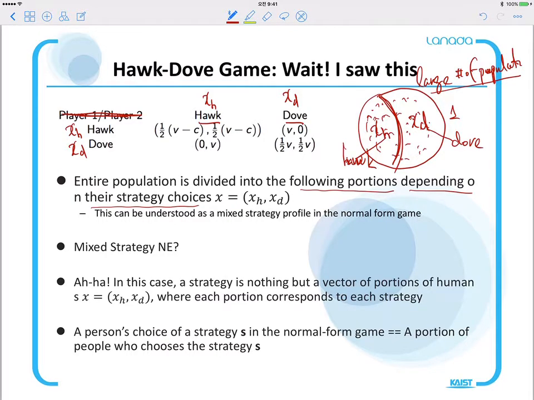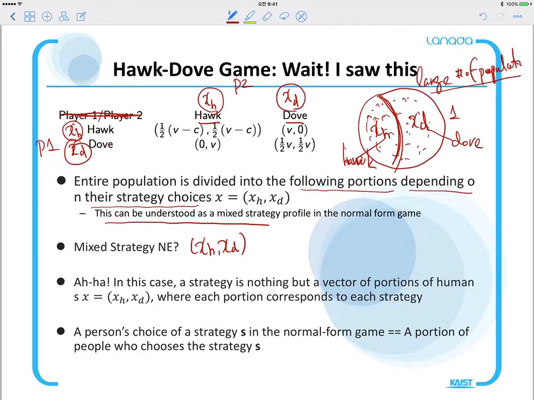If player 1 and player 2 use the mixed strategy xh and xd in the normal form game, then xh and xd can be regarded as a mixed strategy profile.